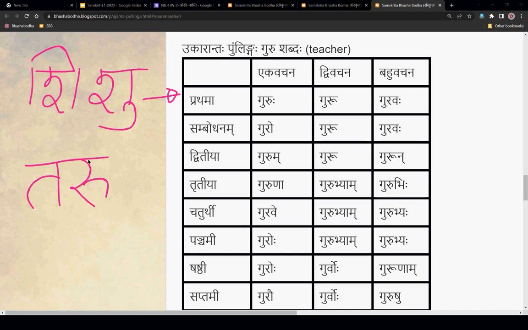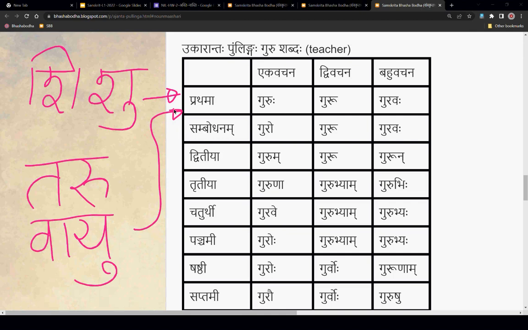Then Vayu. What are the forms of Vayu? Prathama Vibhakti: Vayu, Vayavaha.